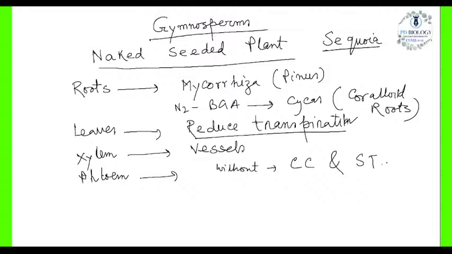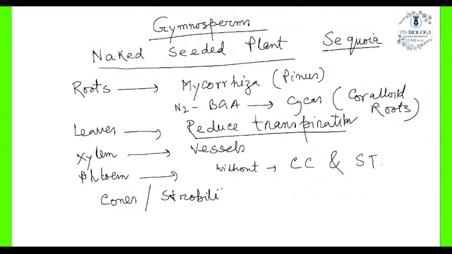They are heterosporous, producing haploid microspore and megaspore in microsporangia and megasporangia. They are borne on microsporophyll and megasporophyll. They form cones, also known as strobili: pollen cones and seed cones respectively.